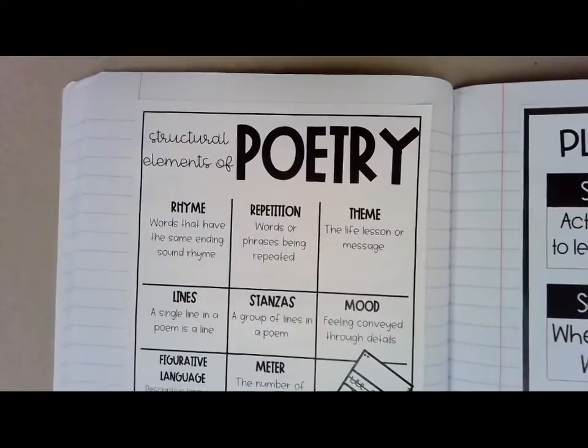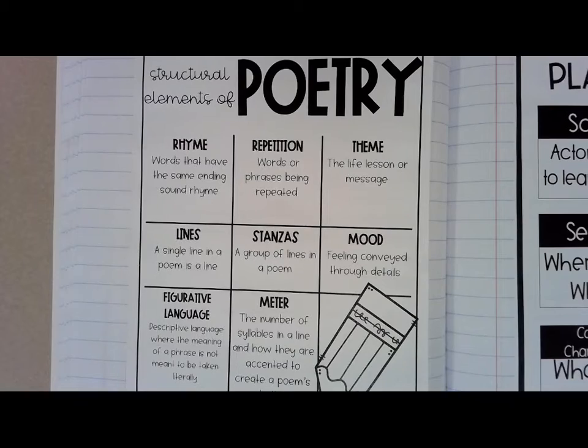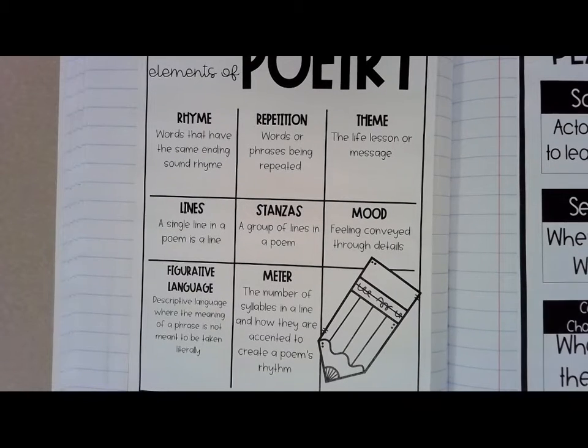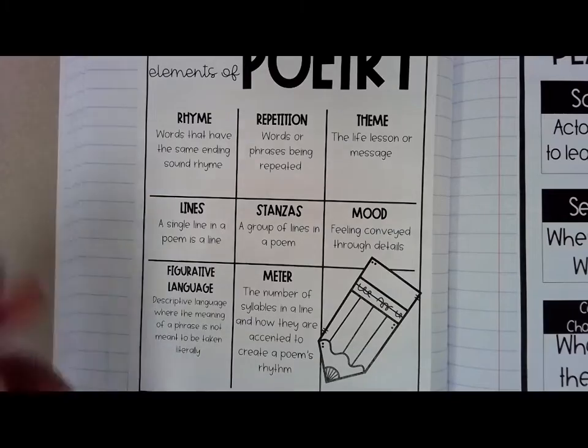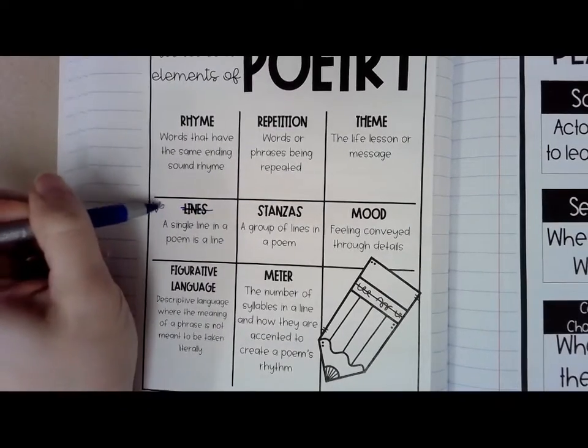Now if we look on page 36, you need to glue down this page on page 36. Most of the elements here are the same, but there are a couple that were not on the first page, on page 35. First of all, lines, that's called verse on the other page, verse.